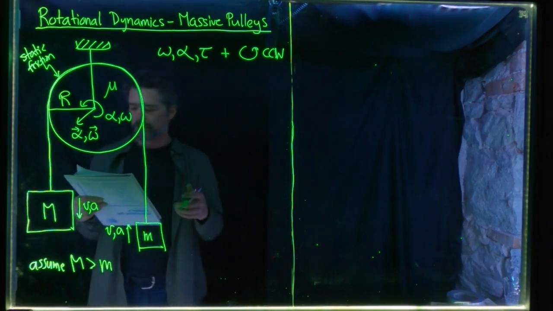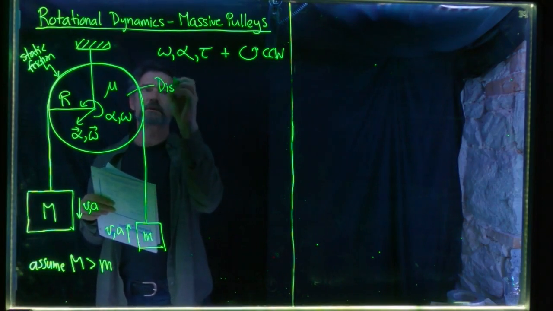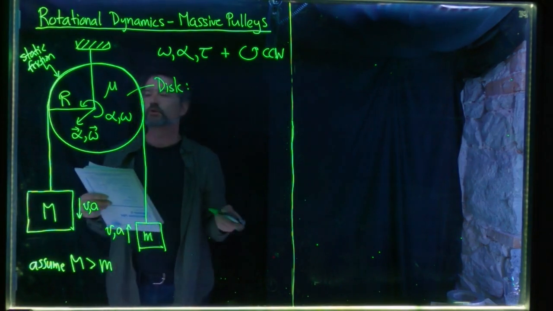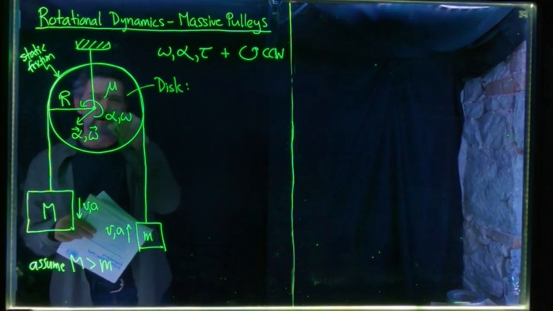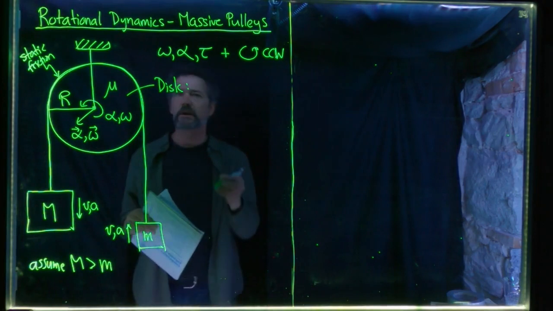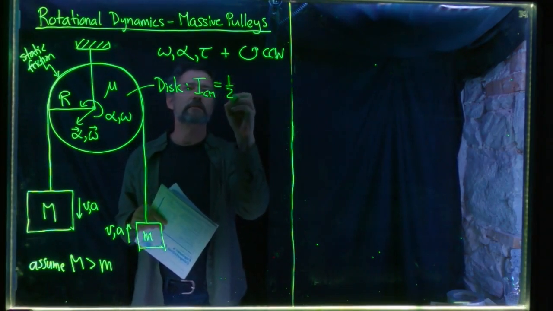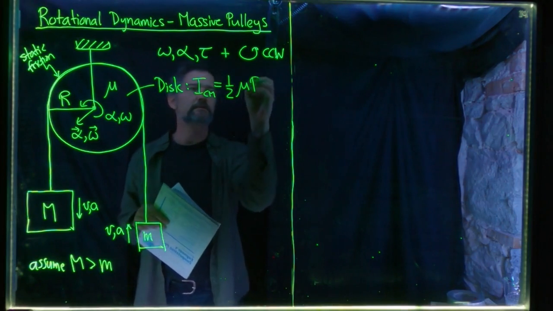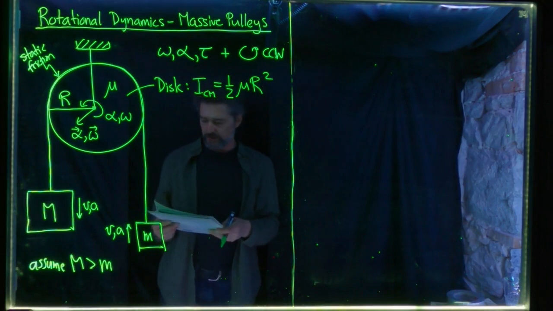And we will suppose that that pulley is a uniform disk. So the moment of inertia for rotation about the center of mass of a uniform disk is I_CM equals 1/2 the mass of the disk times the square of the radius of the disk. Okay, so we've got that.